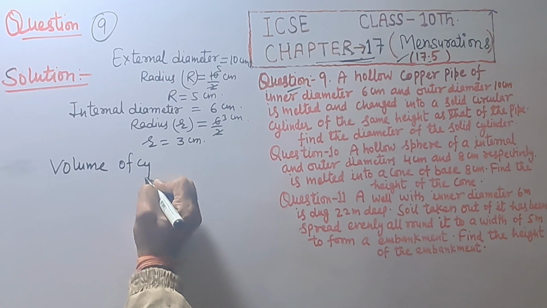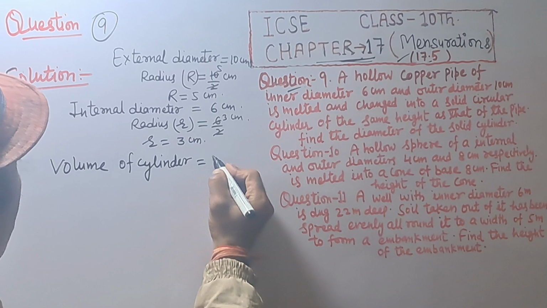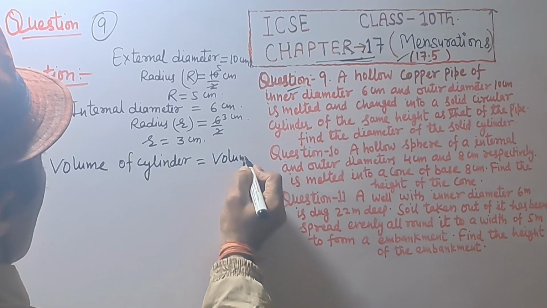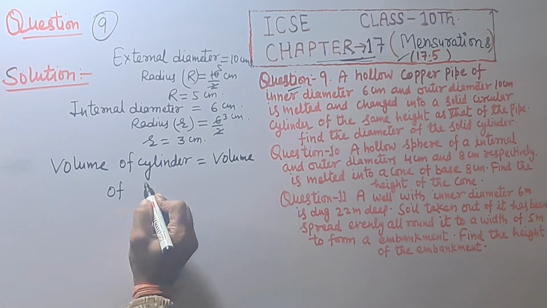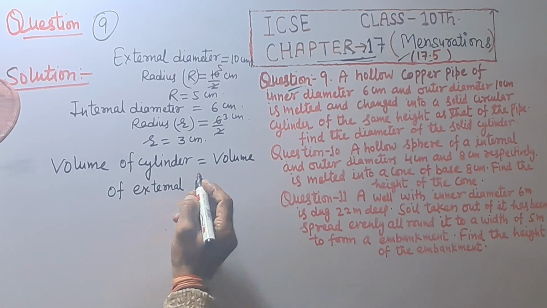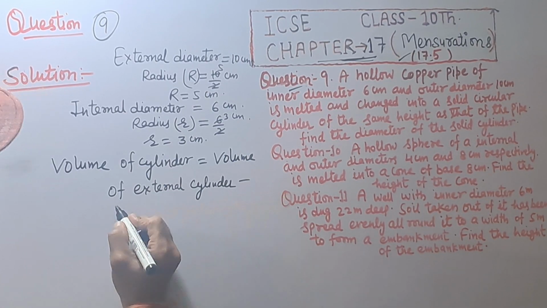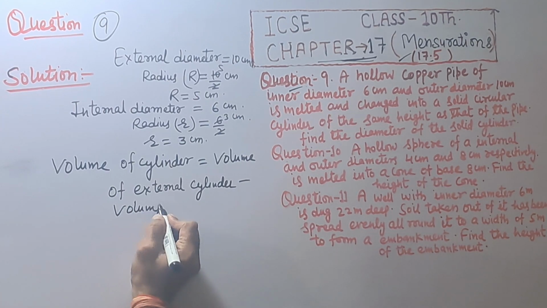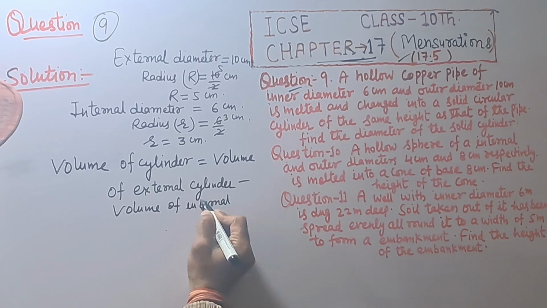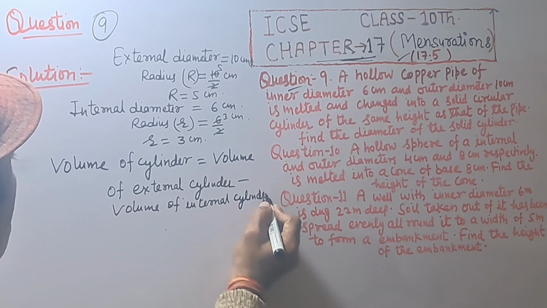Volume of cylinder is equal to volume of external cylinder minus volume of internal cylinder.